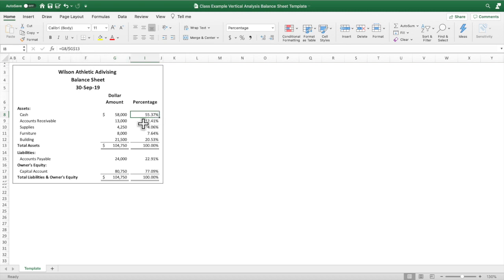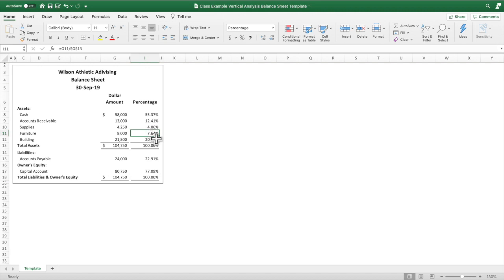Now when you put the dollar sign, it makes it a complete number. All right? So when you go to calculate all of these, it will calculate that automatically, and it will be a complete number. All right, so when we go through and do this, we're going to go equals G9, so that's the dollar amount divided by this base figure, but we're going to put the dollar sign to make it a complete number, and it'll calculate that all the way down.